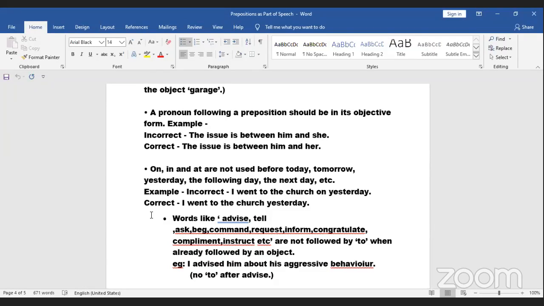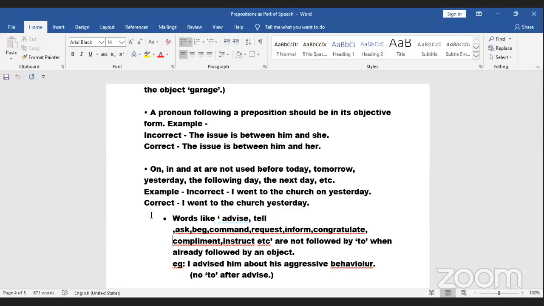I went there yesterday. "I'll go there on tomorrow" is wrong. I'll go there tomorrow. So with tomorrow, today, yesterday, the next day, these kinds of words do not use on, in, at, or any of these prepositions.